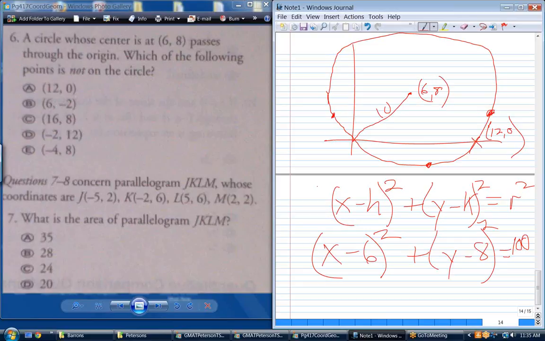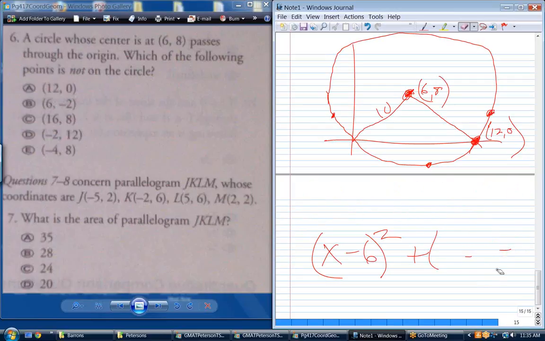And this really is the only way I really know how to do it. Okay. I guess there is another way. If you take each of these points and find out its distance from 6 comma 8, it has to always be 10. So you could get away with not knowing any of this.